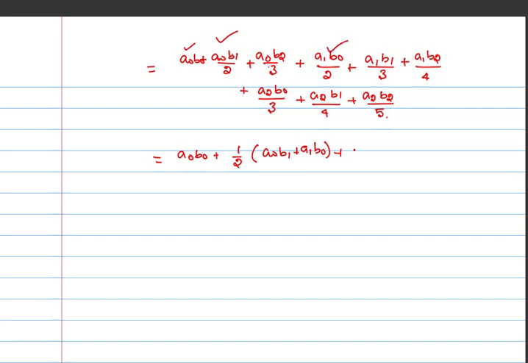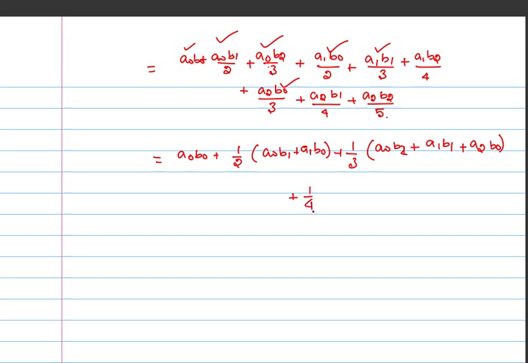Now the third term, 1 over 3, the coefficients are A0 B2 plus A1 times B1 plus A2 times B0. These terms are over.